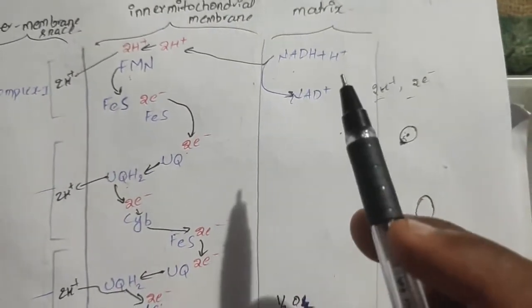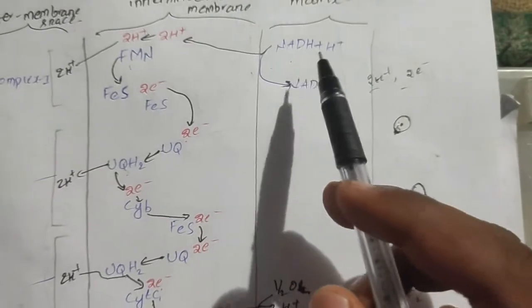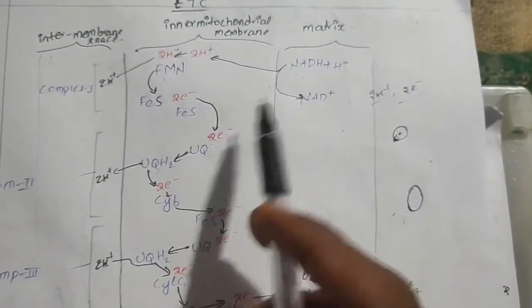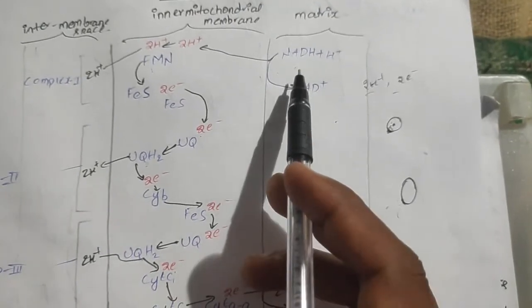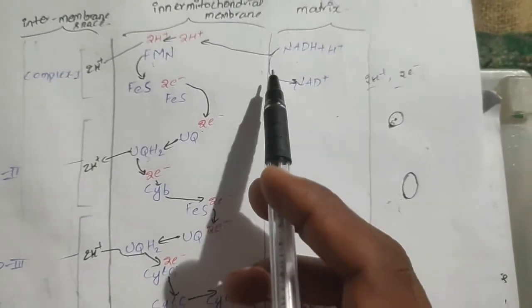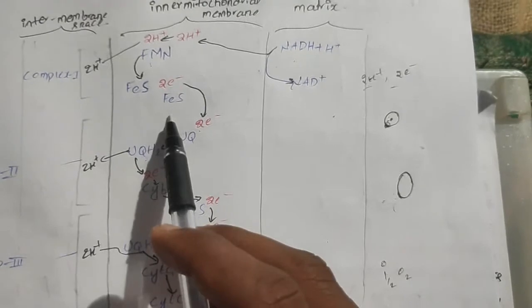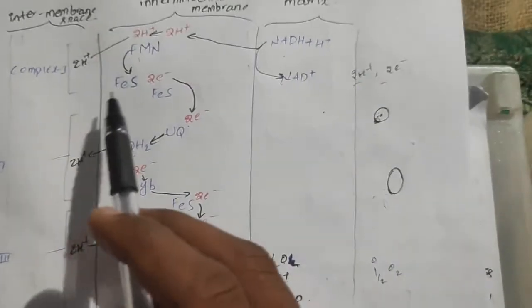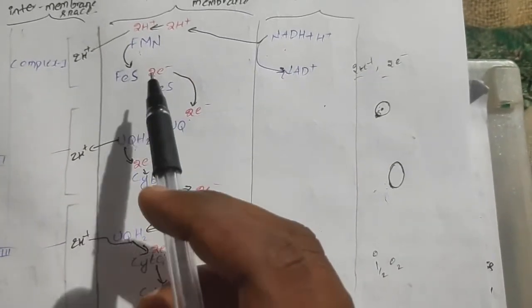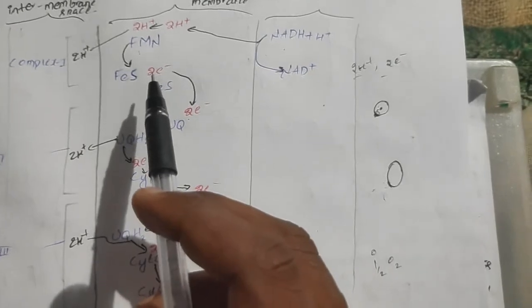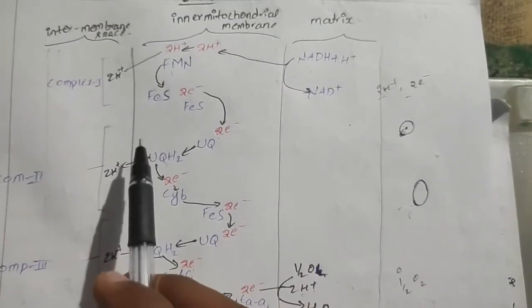Now see, NADH2 produced from the Krebs cycle enters the inner space, and while entering it breaks down and produces two electrons and a pair of protons. This pair of electrons enters the inner mitochondrial membrane, and while being pushed downwards through the electron acceptors, it releases energy, and using this energy a pair of protons is pumped outside.